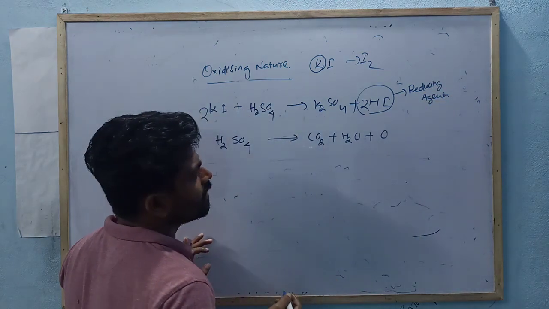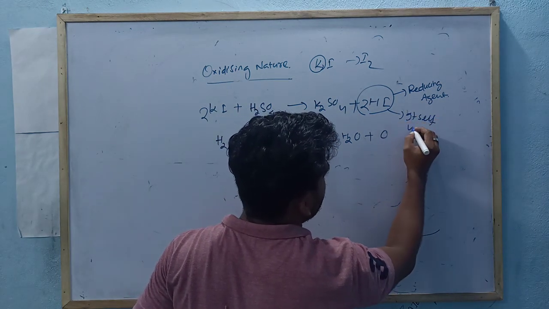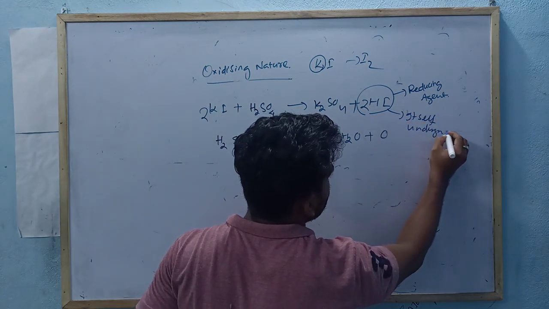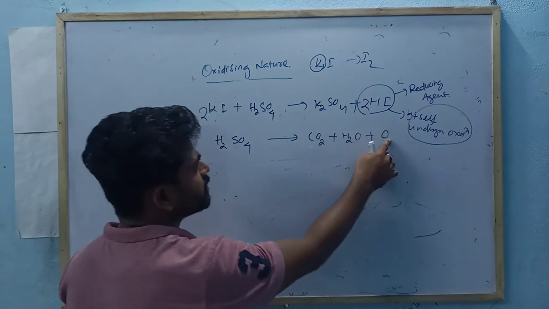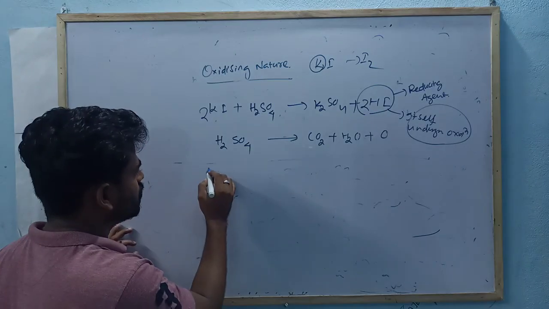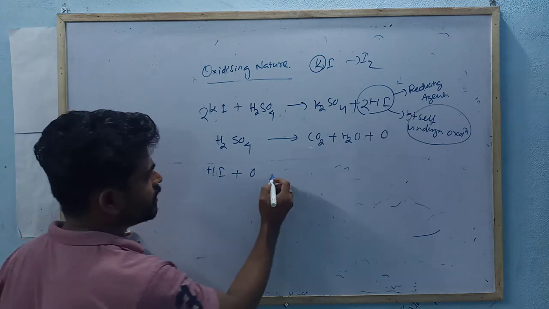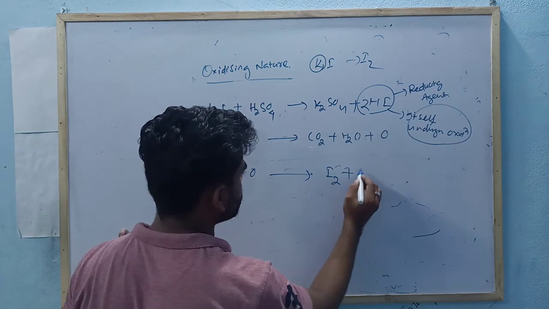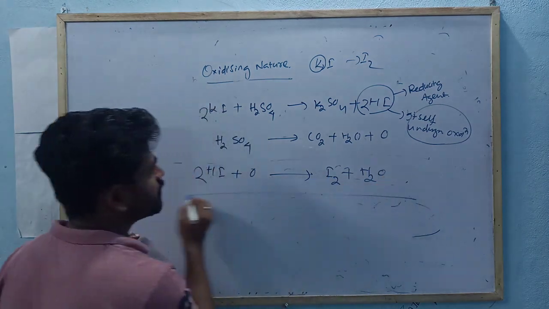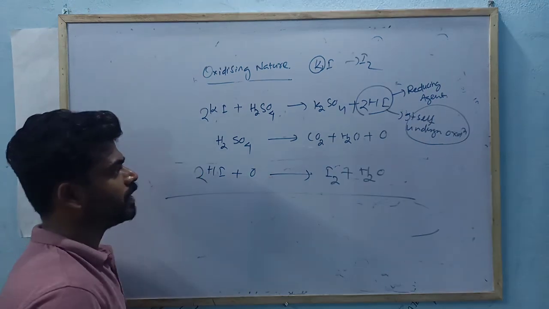It itself undergoes oxidation. Oxidation means it will take this nascent oxygen. So HI takes this oxygen and gets converted into I2 plus H2O. Since there is only one nascent oxygen here, no need to multiply anything.